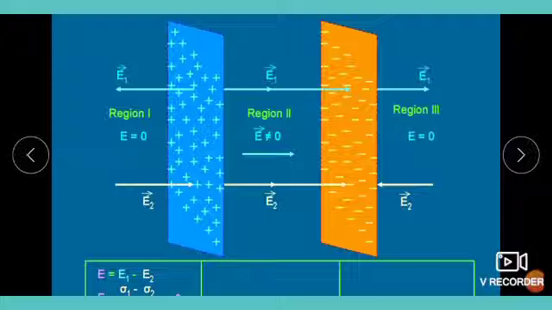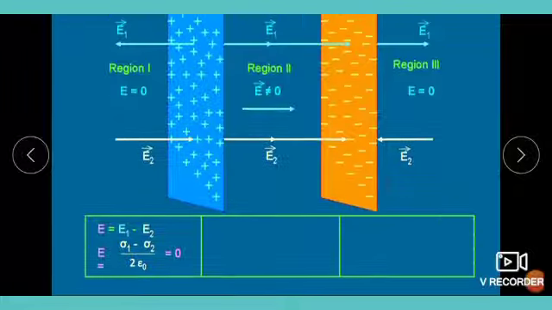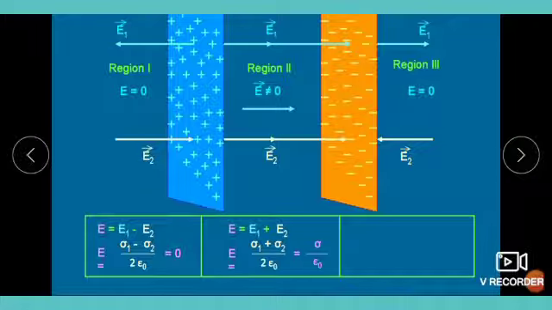Whereas in region 2 we have E1 bar plus E2 bar, both towards the left direction, meaning minus of course. So sigma 1 minus of minus sigma 2 is nothing but minus sigma. Again you get the field here as sigma 1 plus sigma 2 by 2 epsilon naught, that is sigma by epsilon naught. Whereas in region 3, once again 0.